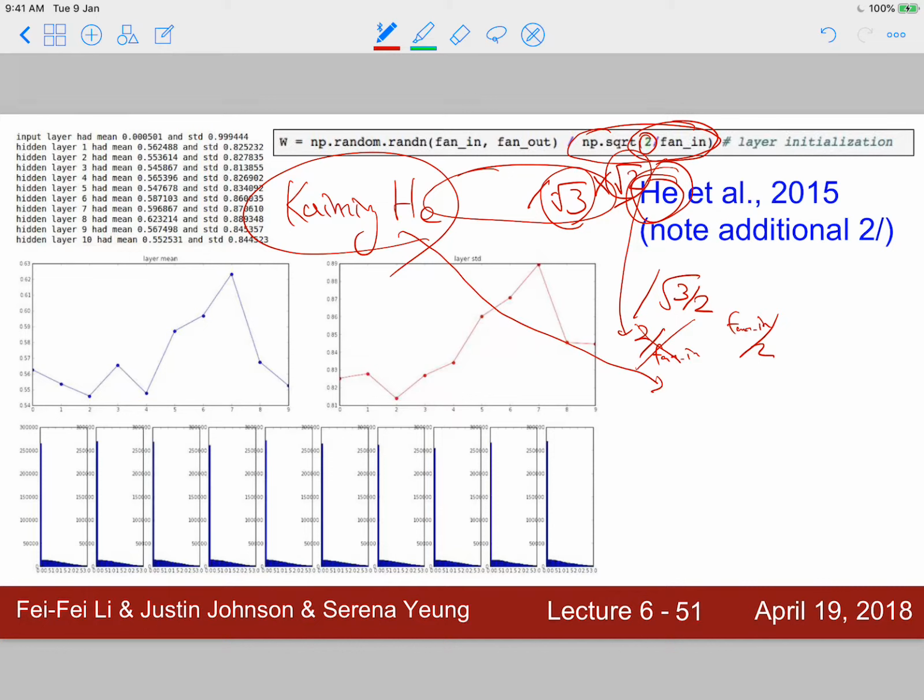It is not that important, but Justin mentioned this initialization as MSRA initialization. MSRA is Microsoft Research Asia. Kaiming He once worked in Microsoft Research Asia, but now he's at Facebook AI Research, FAIR. So Justin called this initialization MSRA initialization. This is just a side story.